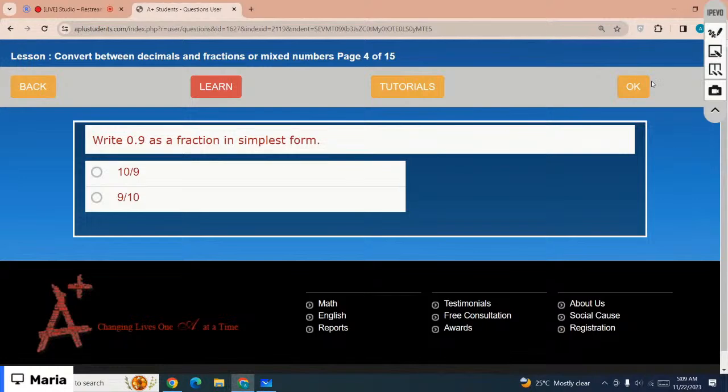The correct option is 9 over 10. Option number 2 is the correct option.